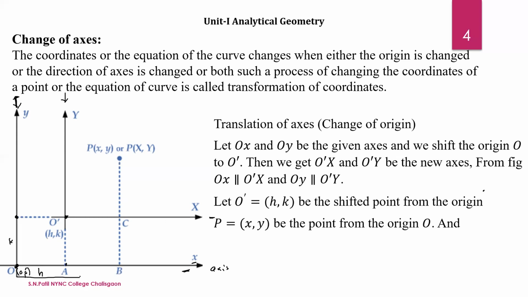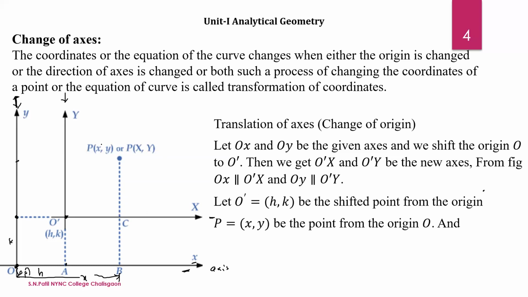The total distance from O to B is small x, and P to B is the y distance.